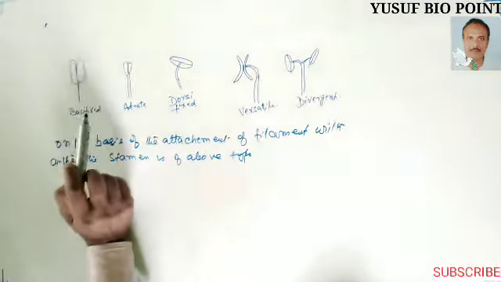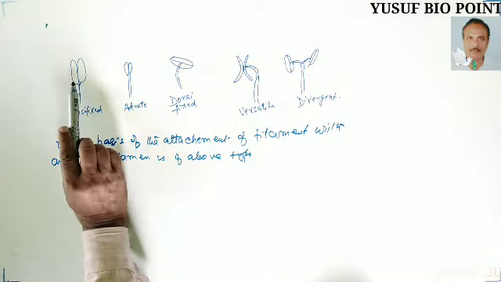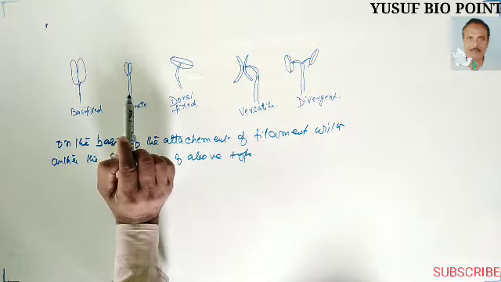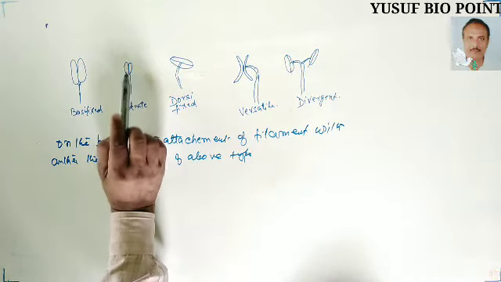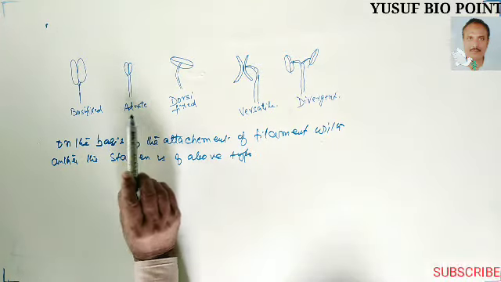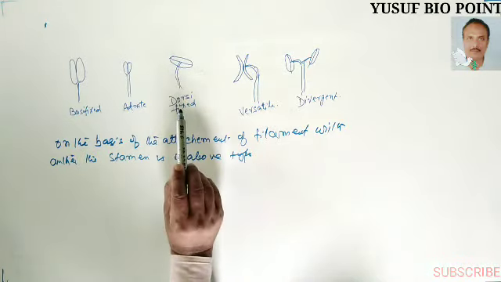One is basifixed, means where the filament is attached to the base of the anther. If the filament is found up to the end of the anther, that is completely, that is known as adnate. And if the filament is attached dorsally, like that, that is dorsifixed.